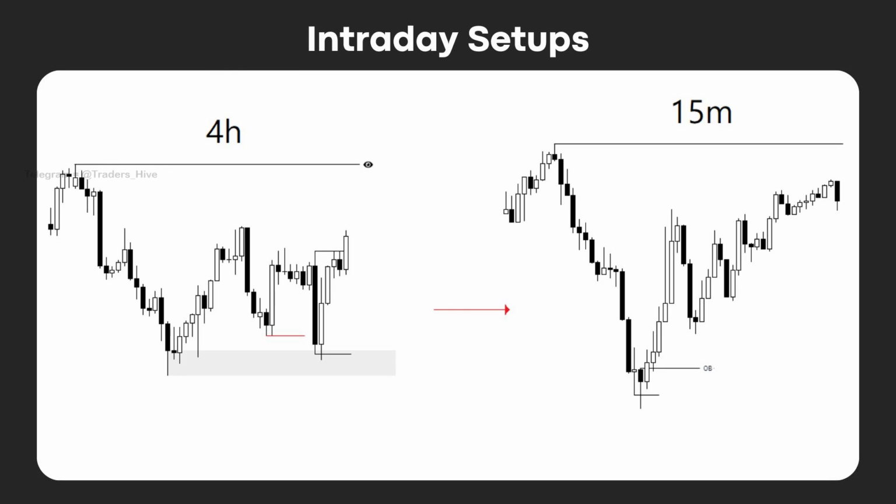So now for us to frame a setup there, what we're going to do is we're going to wait for that candle range low to be purged at a key time during the London kill zone, maybe during the 9 a.m. time window, or the 11 a.m. time window during the close kill zone. And then we're going to frame a setup and target the candle range high, and eventually the drawn liquidity higher.